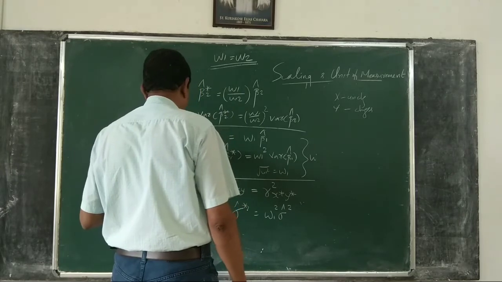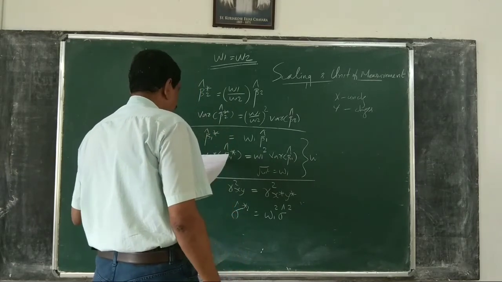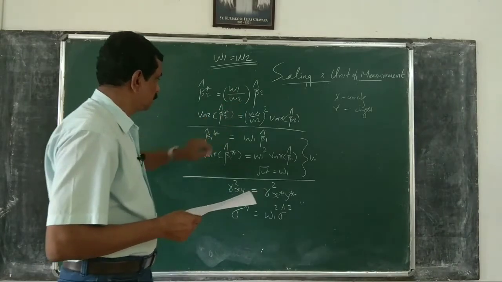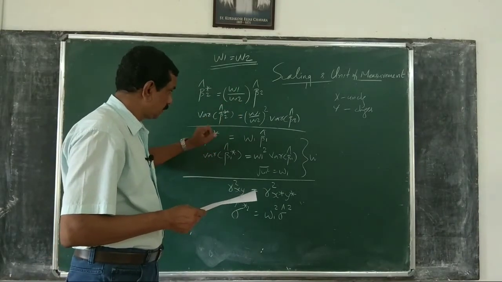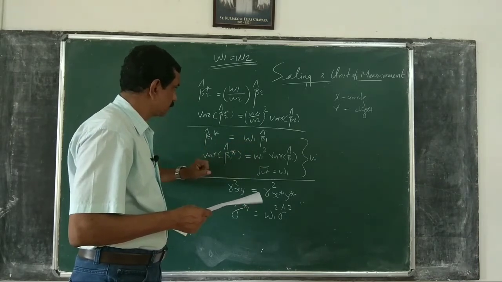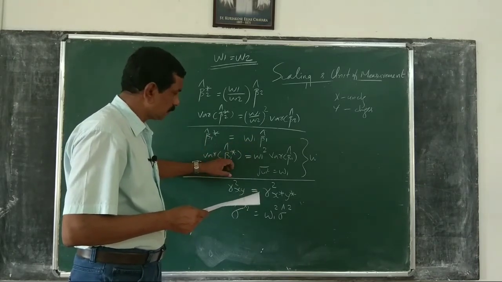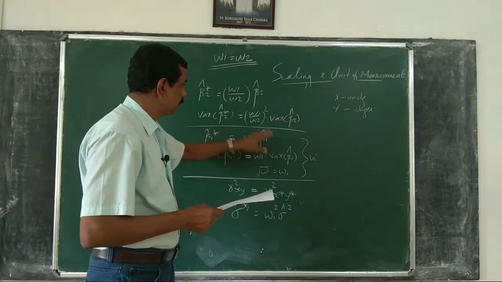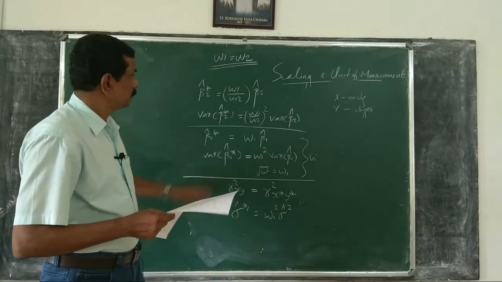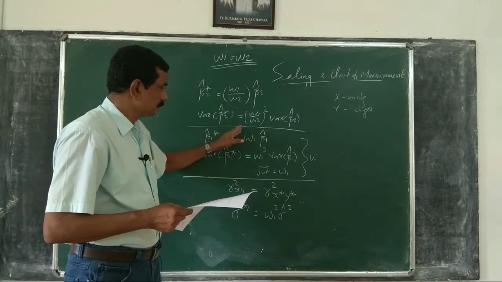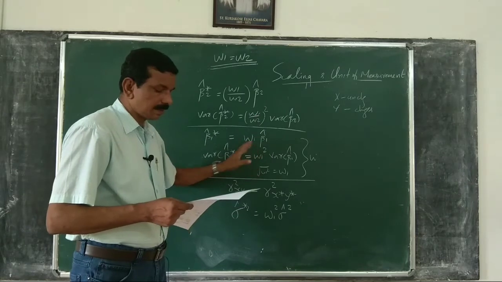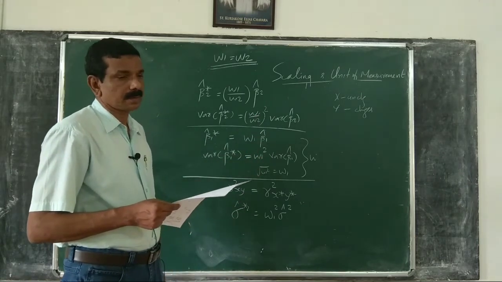Then, as you can see, the slope, then the intercept, and also the standard errors are multiplied by W1. The slope, the intercept, and the standard errors multiplied by W1.